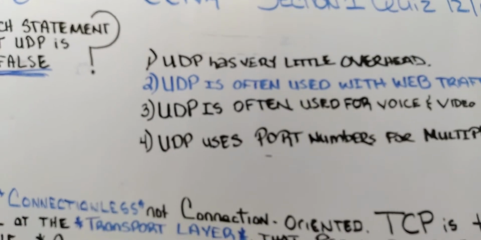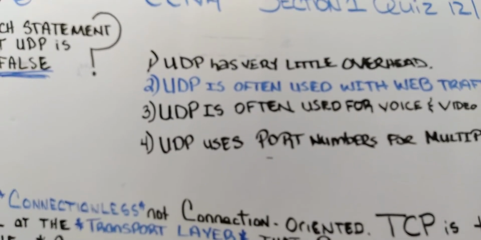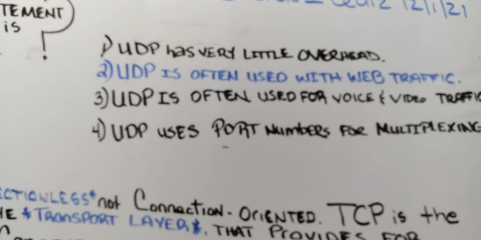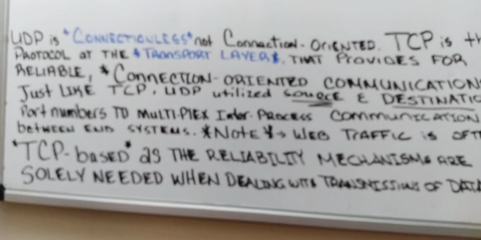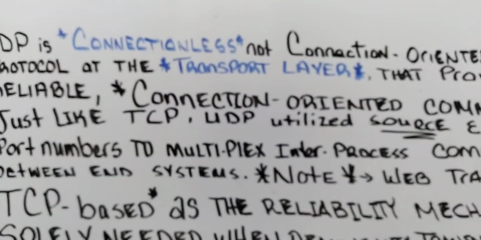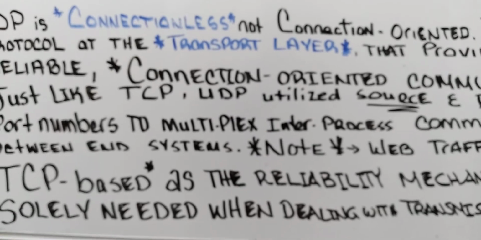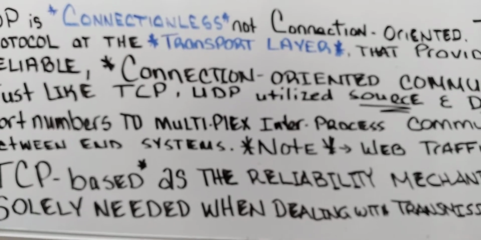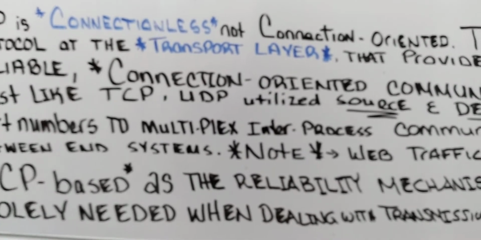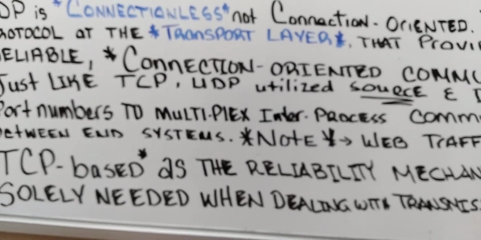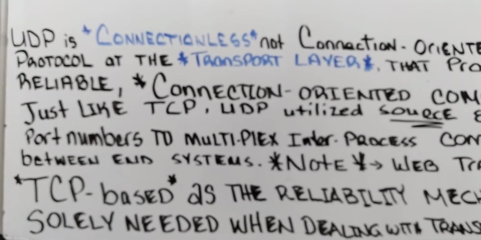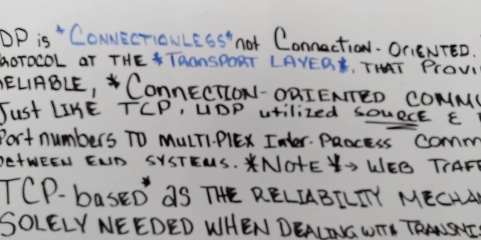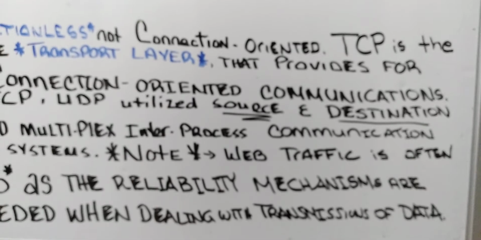So as you can see, the correct answer is in blue. UDP is often used with web traffic. And the explanation is that UDP is connectionless, not connection oriented. TCP is the protocol at the transport layer that provides for reliable connection-oriented communications.